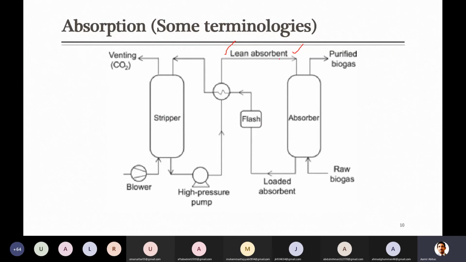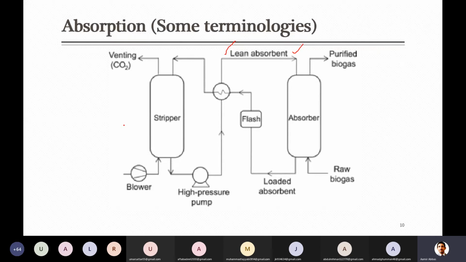While the stream of liquid which entered the absorber, after absorbing species, leaves from the bottom, it is still at high pressure. The stripper is opposite to the absorber, and in this case the pressure should be low.